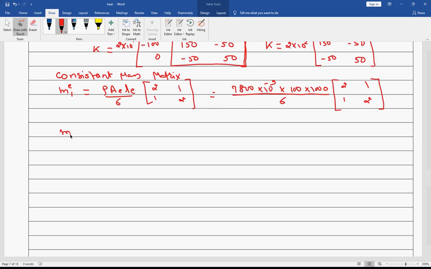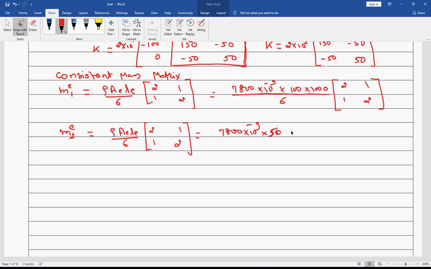Then for elemental mass matrix, rho A E L E by 6 for second element, that will be 7800 into 10 raised to power minus 9 into 50.